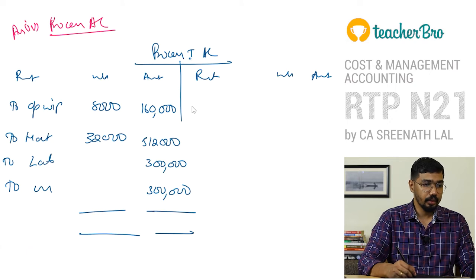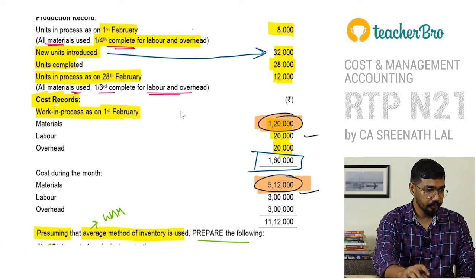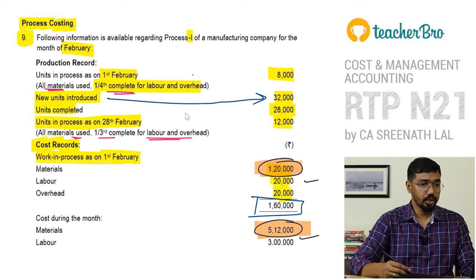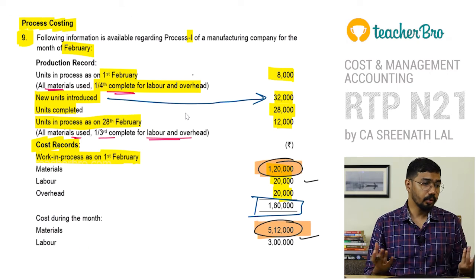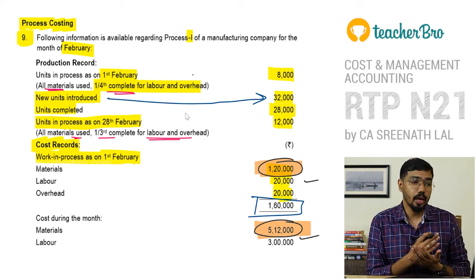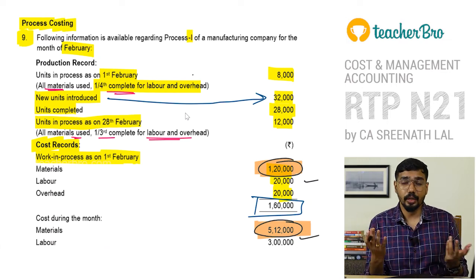And on credit side I have by finished stock control account. It is not given that units from process 1 are to be transferred to process 2. It is not given like that.